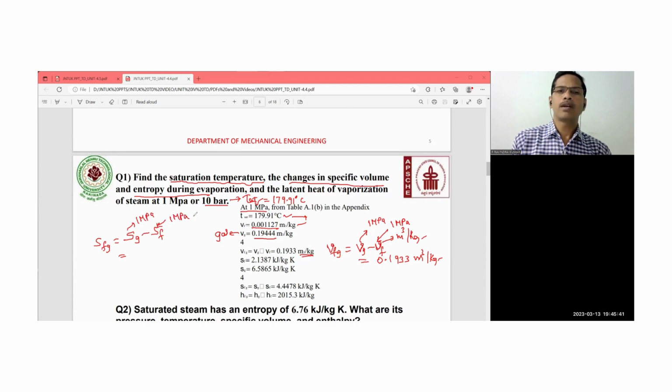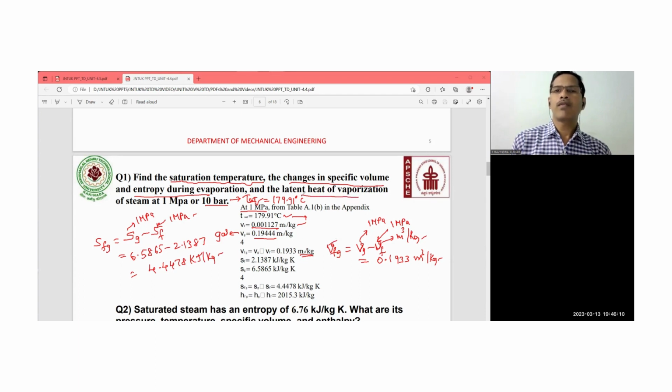If you record those values, Sg is 6.5865 minus Sf, which is 2.1387, so you get 4.4478 kilojoule per kg Kelvin. So Sfg is also over.